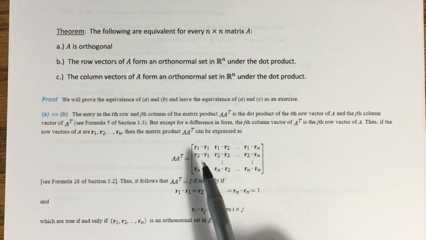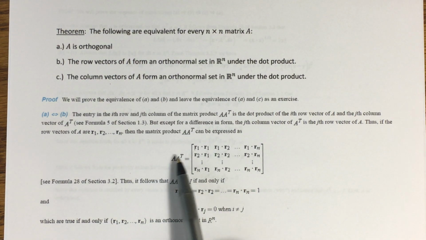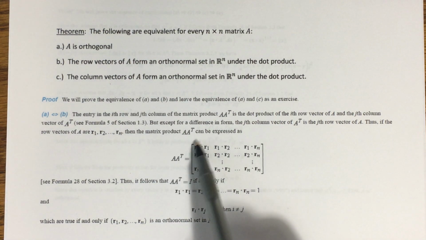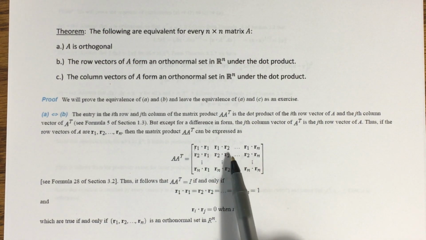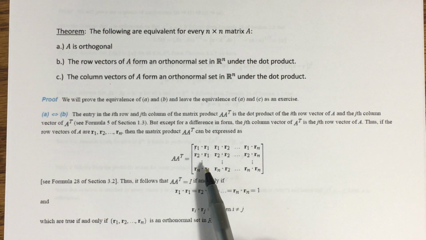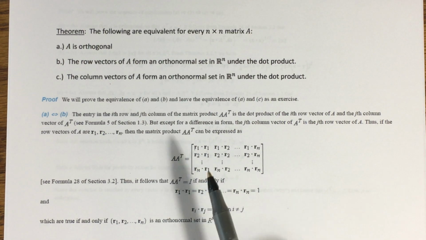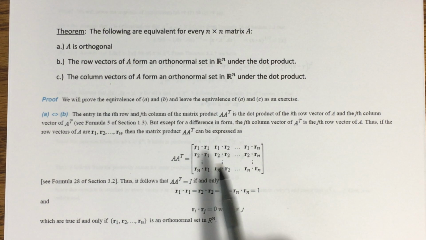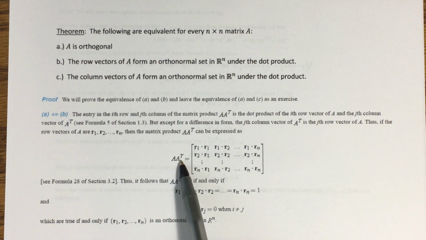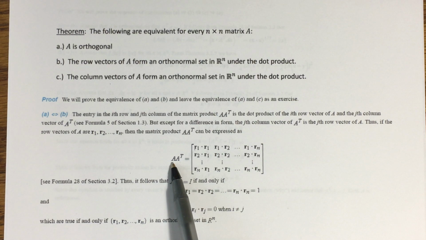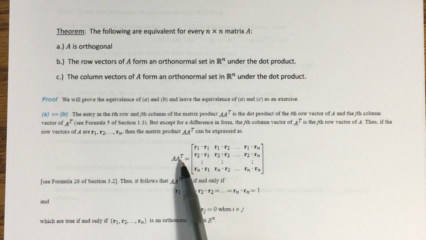And what we want to look at is what happens when you multiply A by its transpose. This is a version of matrix multiplication that we looked at a while back. If you're multiplying two matrices together, then the ijth entry of the product is going to be the ith row of A dotted with the jth column of that second matrix here.